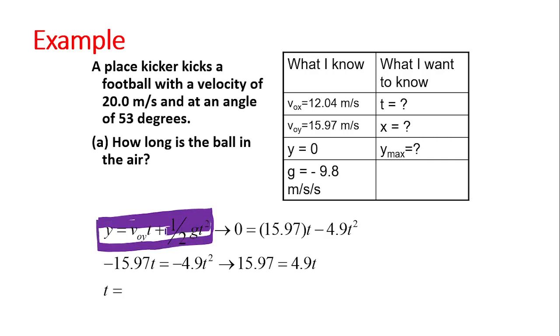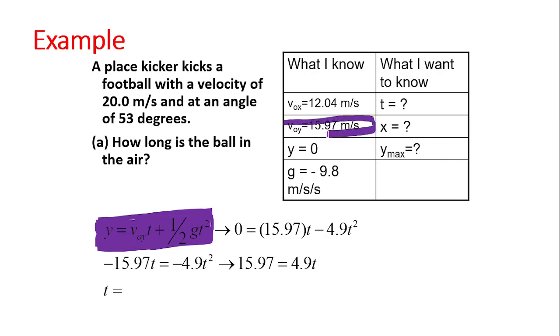What do you understand for that particular part? We know that the initial velocity was what? The initial velocity was 0. Oh, was 0? No, it wasn't 0. It was 15.97.